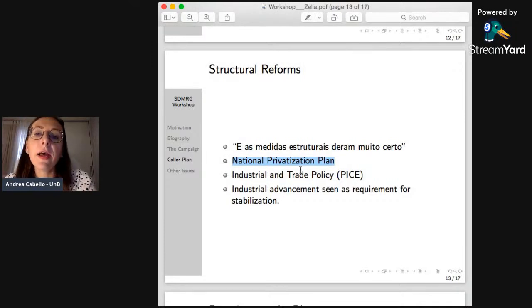The industrial trade policy came to be known as PICE, and this is something that many people don't realize. The Collor plan thought that industrial advancement was seen as a requirement for stabilization, that we had an obsolete industry at that time.